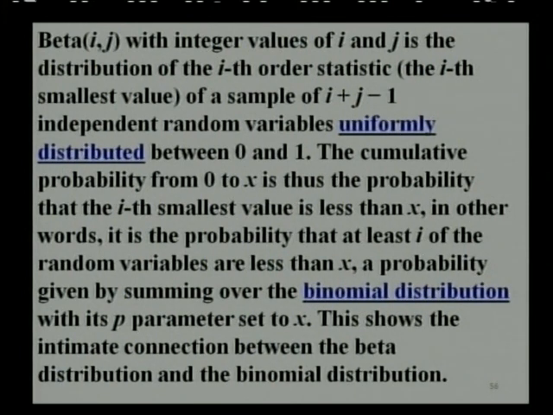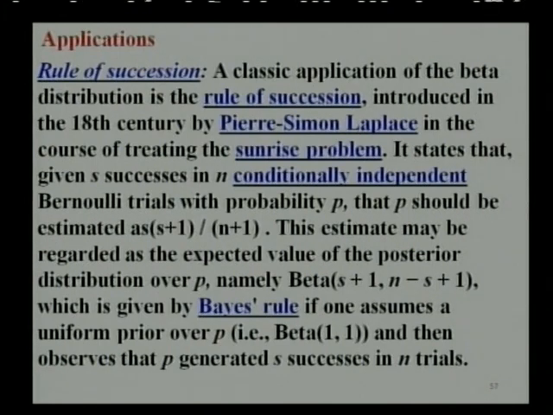Then the cumulative probability from 0 to x is the probability that the ith smallest value is less than x. In other words, it is the probability that at least i of the random variables are less than x, a probability given by summing over the binomial distributions with parameter p set to x. This shows the intimate connection between the beta and binomial distributions.